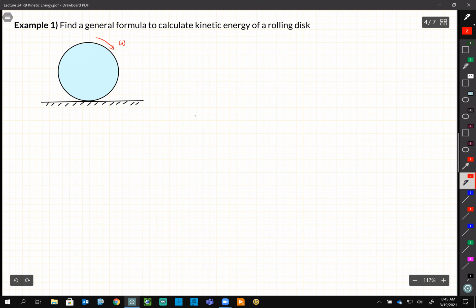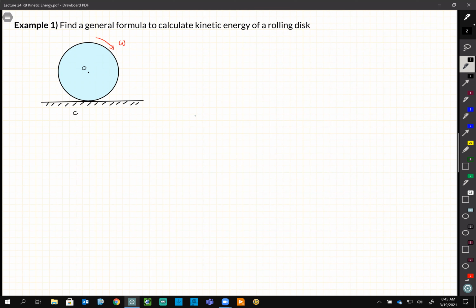And we want to find the energy, the kinetic energy T for this disk. Let's call the center O, and let's call this point C. I'm going to give you 1 minute to think about it and see how you can solve it.